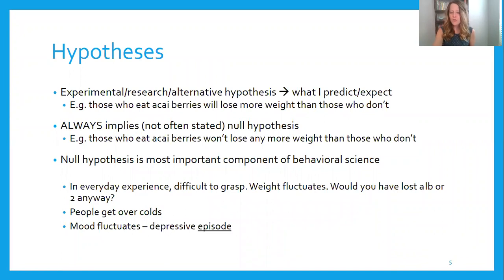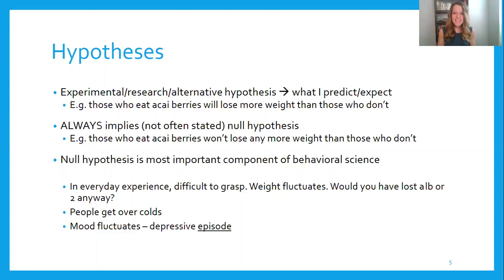So my research or alternative hypothesis is that there is a relationship between the Emergen-C and cold symptoms, and that Emergen-C reduces the cold symptoms. But think about what my null hypothesis should be. The null would be there is no relationship between Emergen-C and cold symptoms.